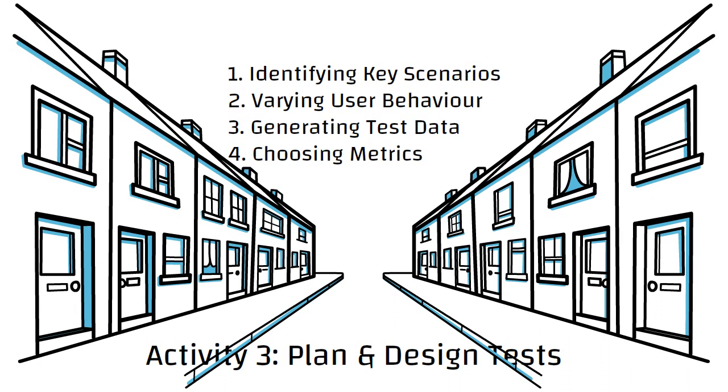And coming to the test data, you'll need test data to test with. So you have to make sure it is relevant and also diverse enough to reflect the real usage. Why do I mention diverse enough? If you're using the same data again and again, we all know what happens.